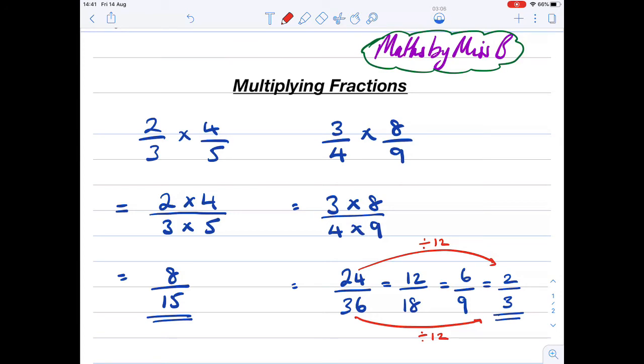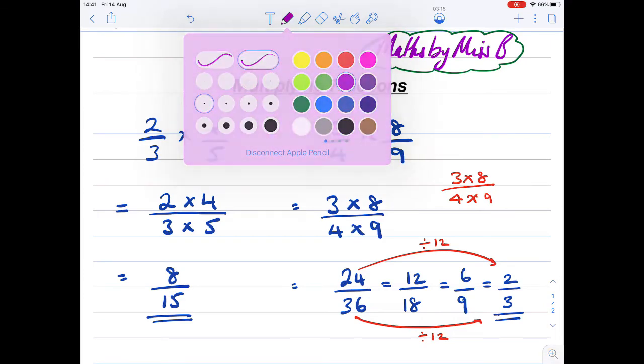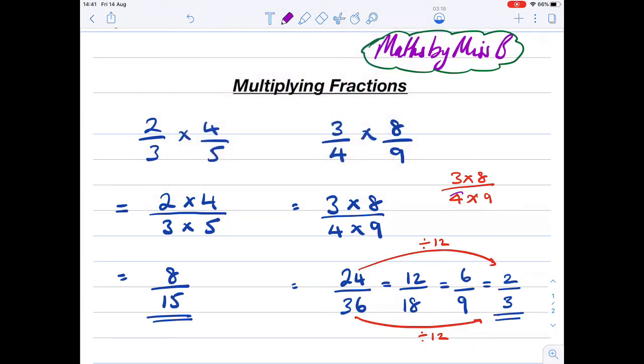The other way you can actually do this is if you've got 3 times 8 along the top and 4 times 9 along the bottom, what you can do is say, well, I've got a 4 here and I've got an 8 there. They're both in the 4 times table. So you can cancel those out and say, 4's into 4 go once, 4's into the 8 go twice, but then you've got the 3 and the 9. The 3's into 3 go once, 3's into 9 go 3 times.